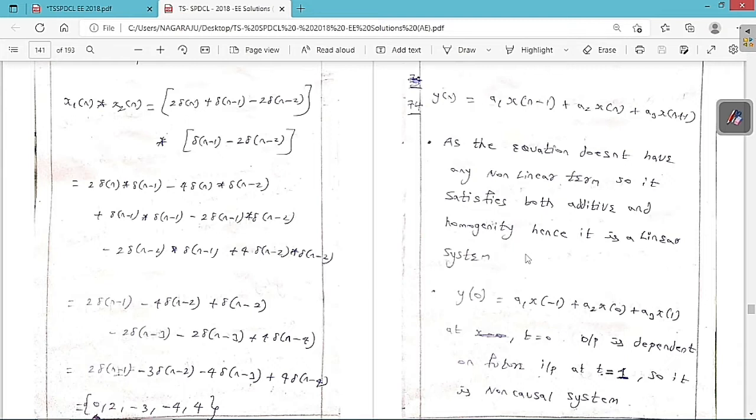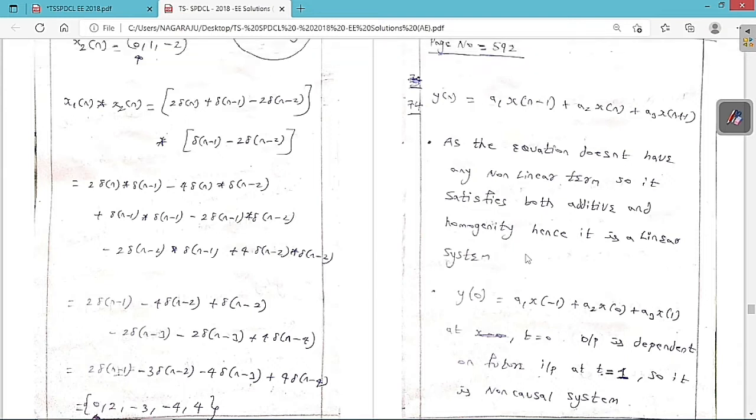If any system wants to satisfy linearity, it has to satisfy two conditions. One is called the homogeneity principle and the other is called the superposition principle or additive principle. If these two principles are satisfied, then the system is said to be a linear system.